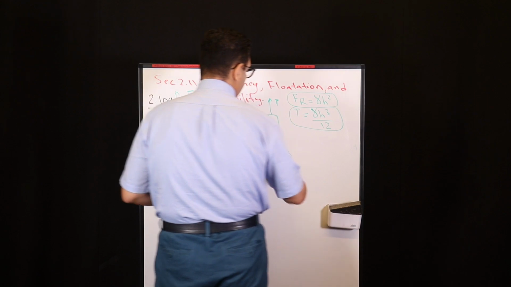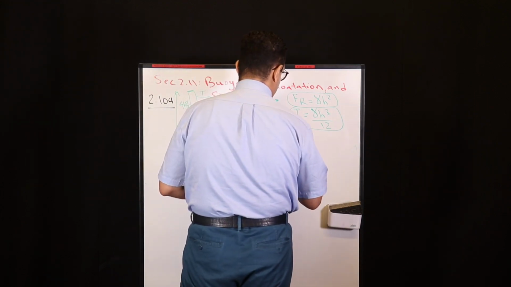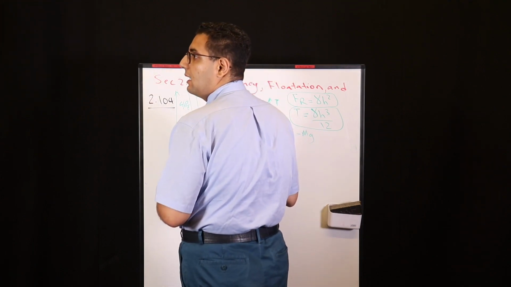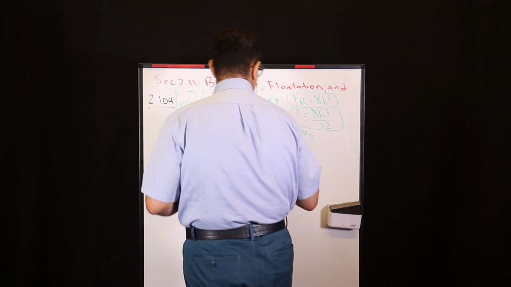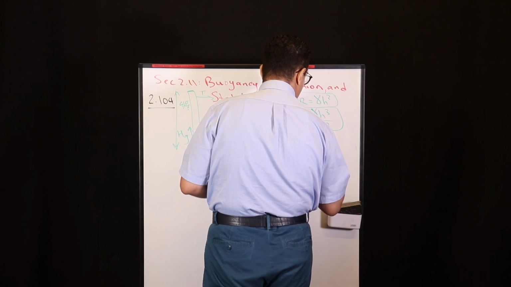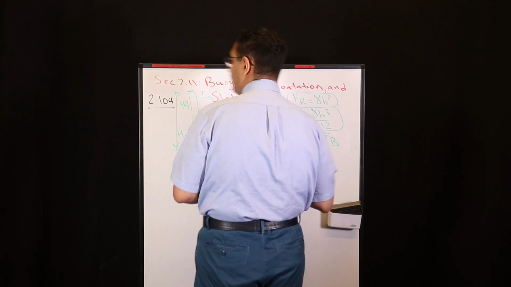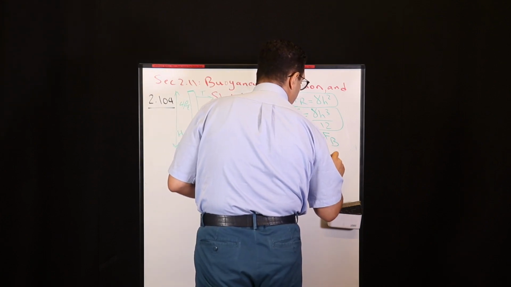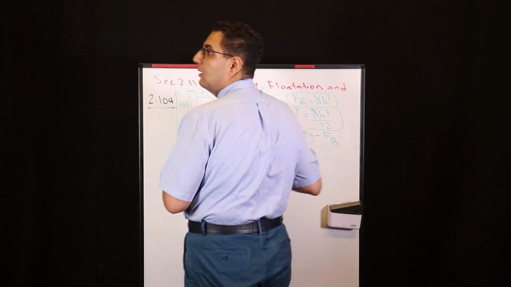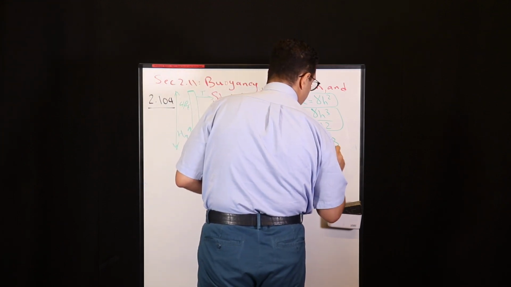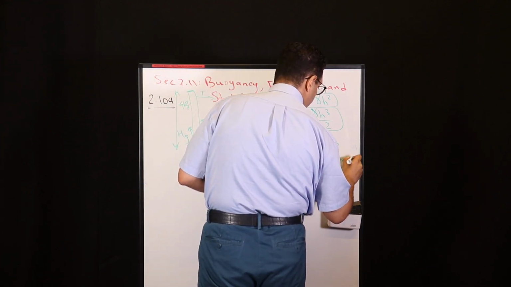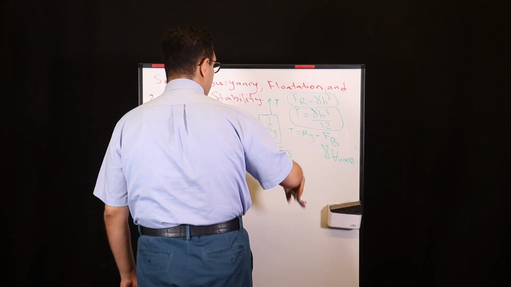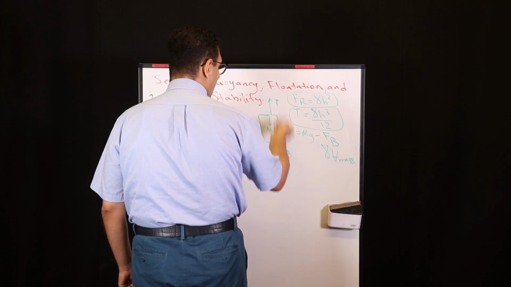So, in order to have this side in equilibrium, it means that T plus fb is equal to mg, or T minus mg plus fb equals 0, which means that T is to the up, mg is to down, and also fb is to the up.